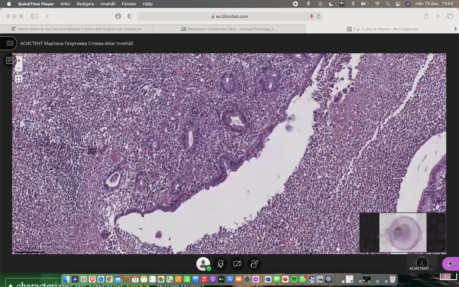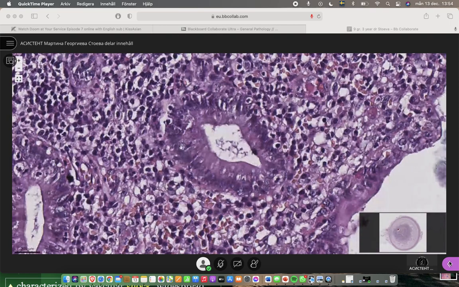And so when there is regeneration, usually the mucin vacuoles are absent and the cells show some features of even atypia, but this is regenerative atypia, not the true atypia seen in malignant tumors.